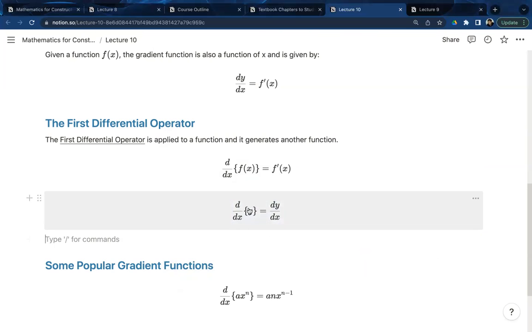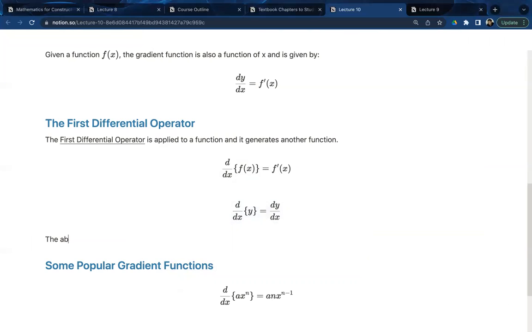So this means differentiate with respect to x. The above statement means differentiate y with respect to x. Okay.